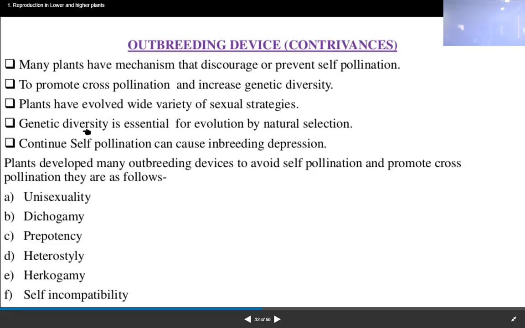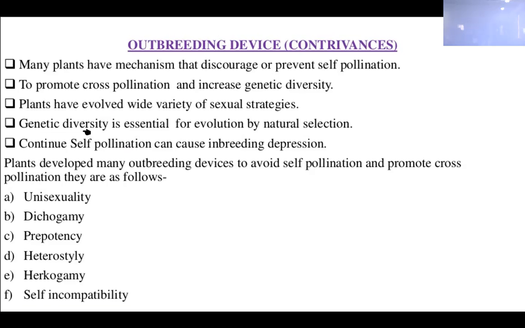If it is a sexual mode of reproduction, exchange of gametes and genetic material is there, and with the help of this you will get variations, right? The more the diversity, the more important it is for the process of evolution. It is by natural selection only. You know the meaning of natural selection: those who are fit for the environment. Nature is going to select only those organisms, isn't it?